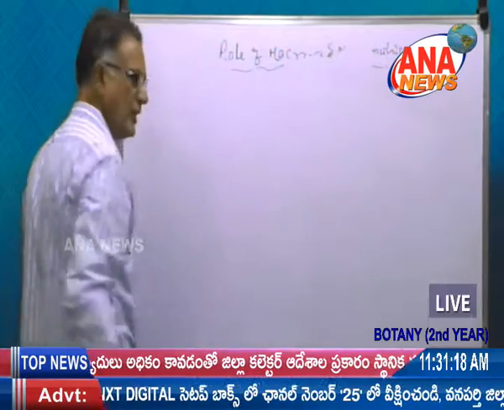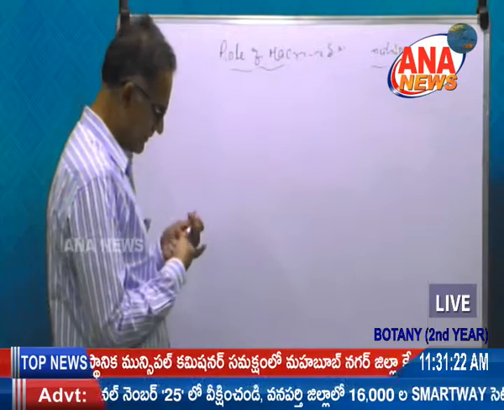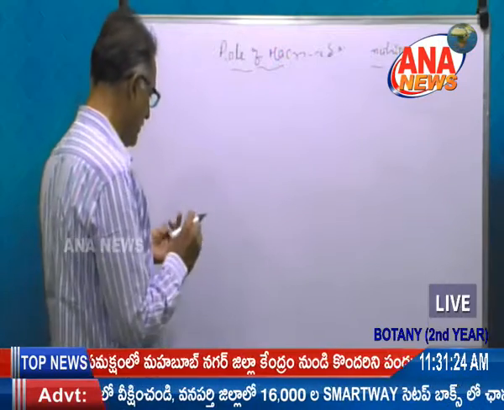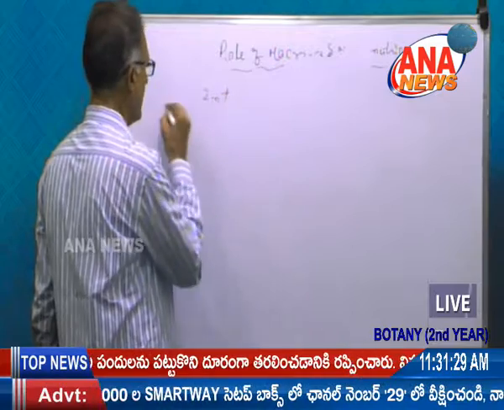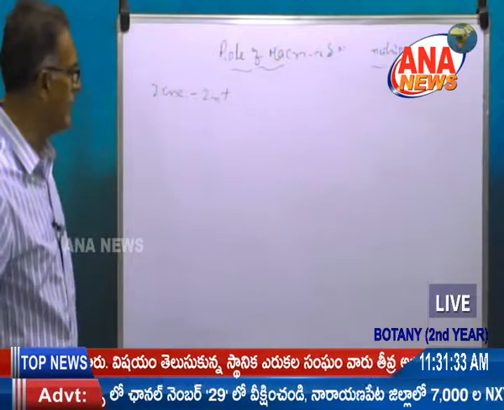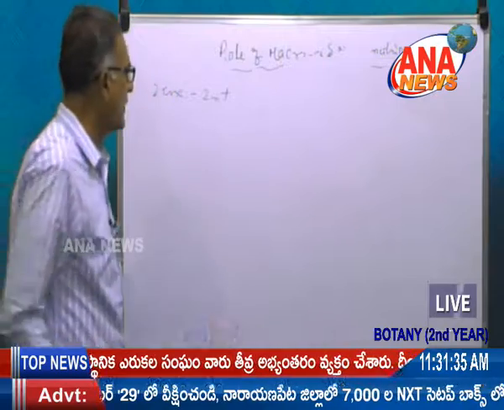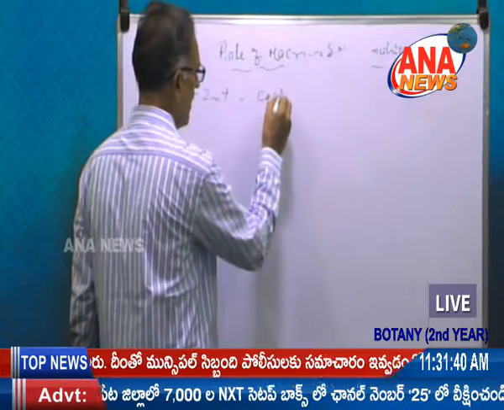Then zinc is absorbed in the form of zinc ions, Zn2+. It activates the enzyme carboxylase.